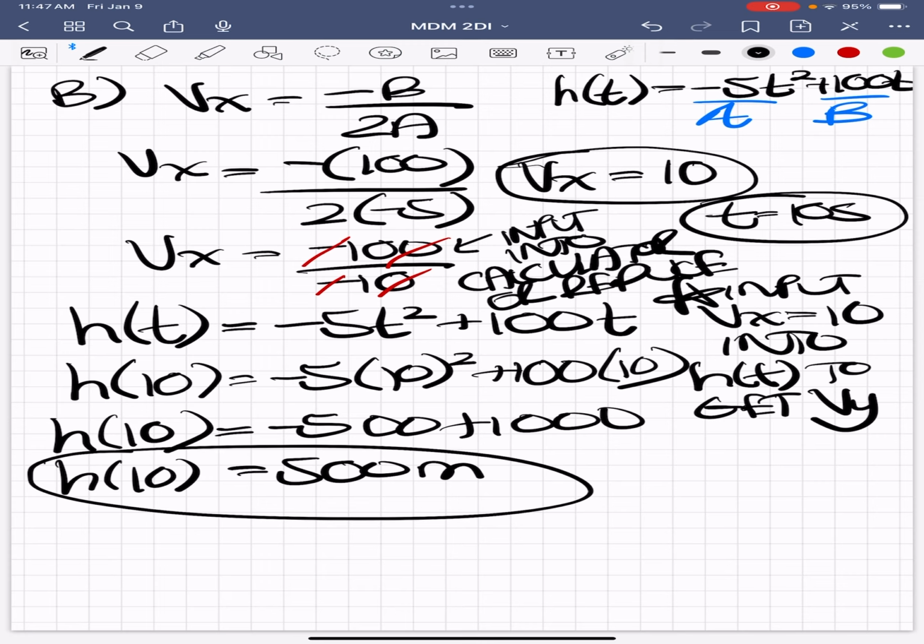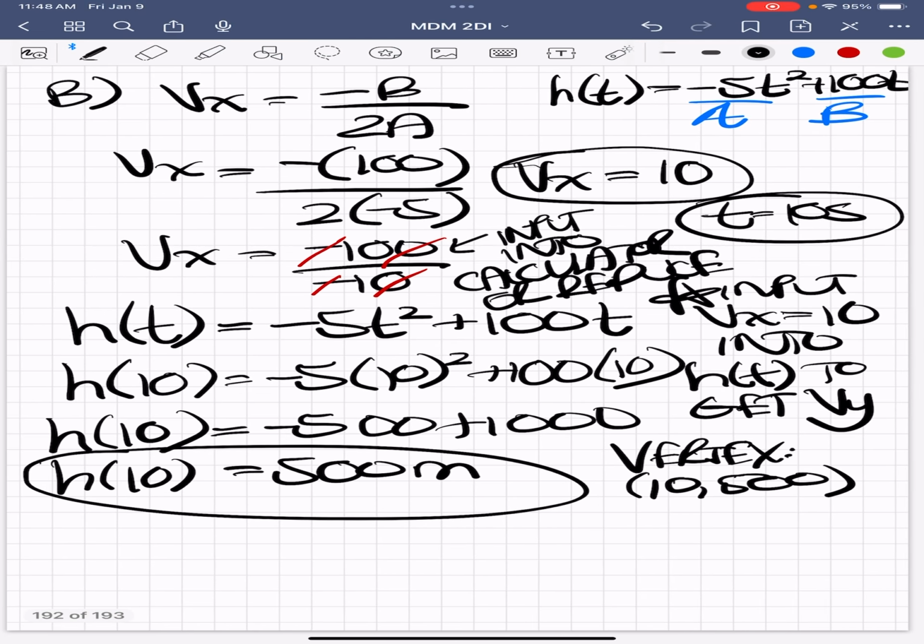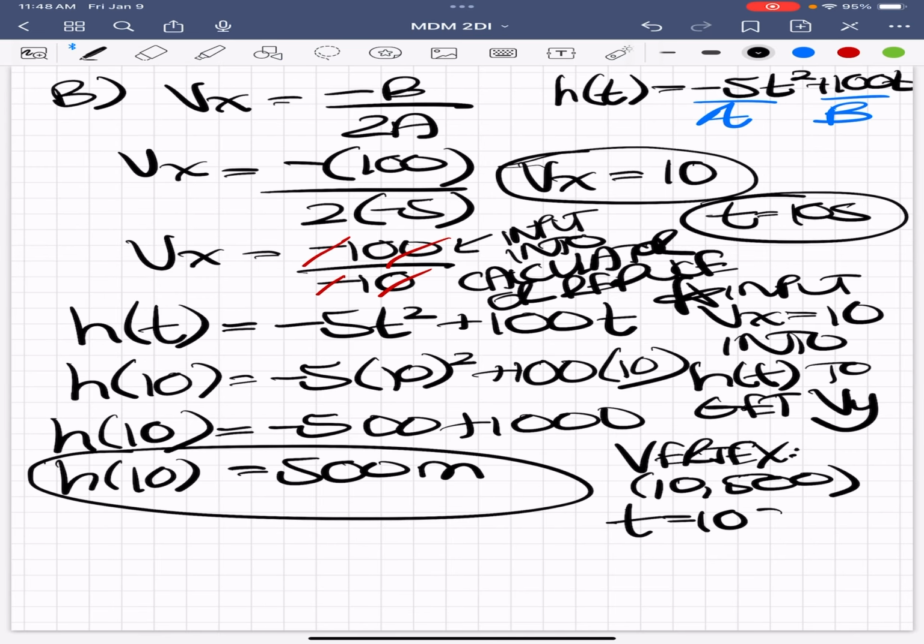So we have the vertex, which would be 10 and 500. So t would be 10 seconds, and h of t would be 500 meters. And we do a therefore statement.